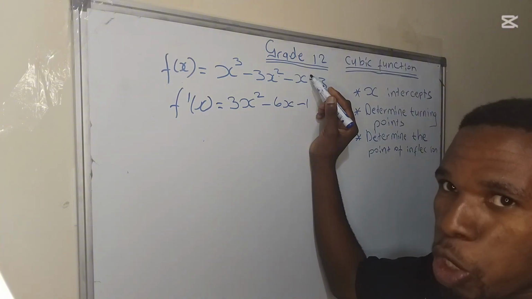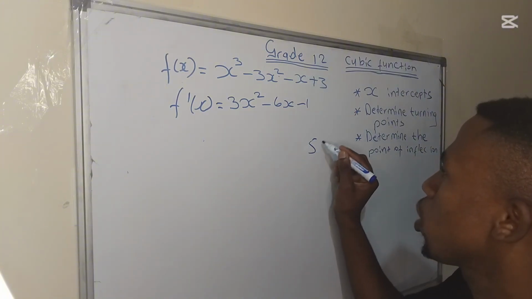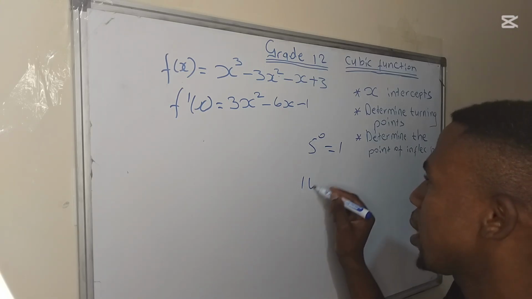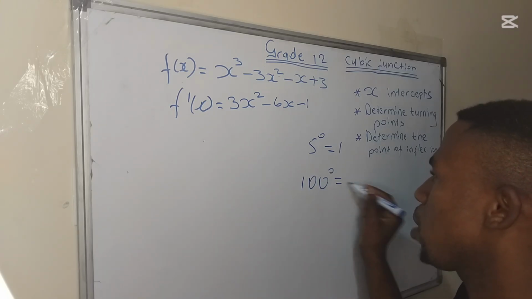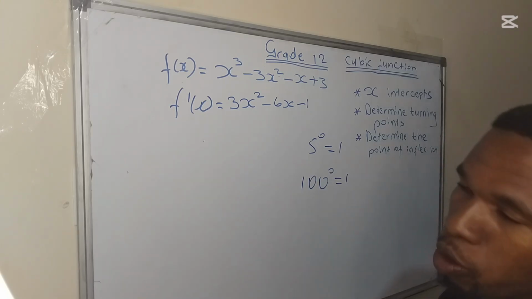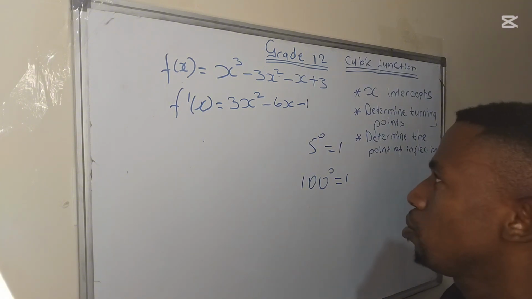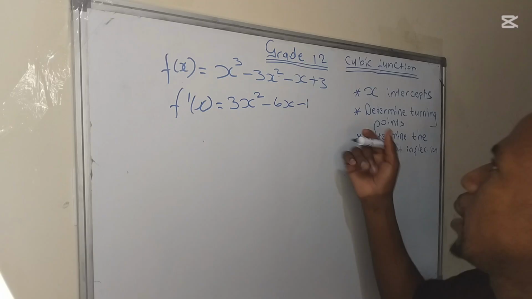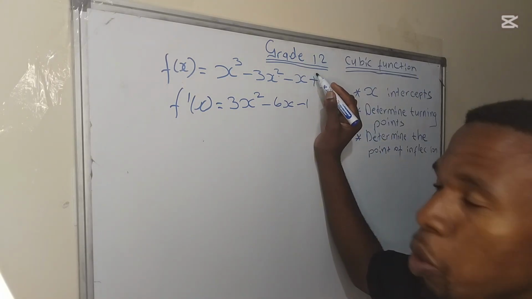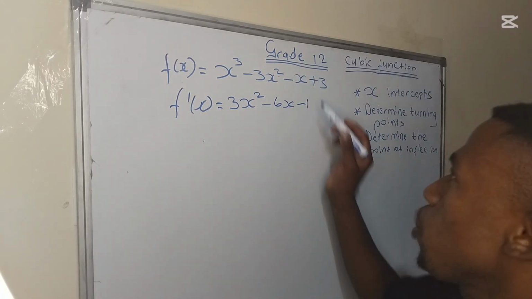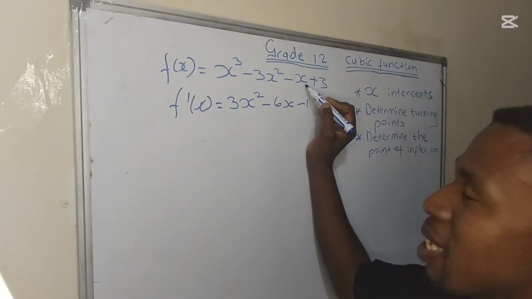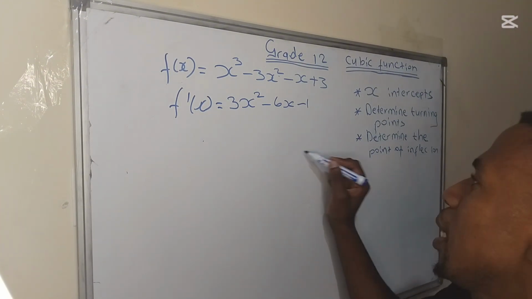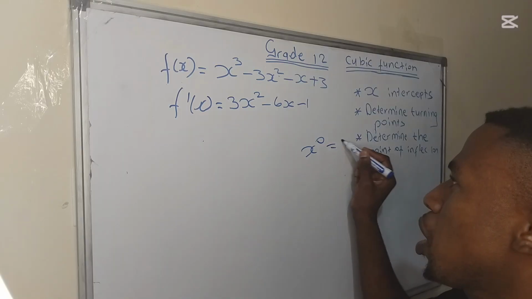Anything to the power 0 is equal to 1. 5 to the power 0 is equal to 1. Any number to the power 0, even 100 to the power 0, is equal to 1. Right? So that's how it works. Which means this x is going to transform itself to become 1 because of that x to the power 0, which is equal to 1.